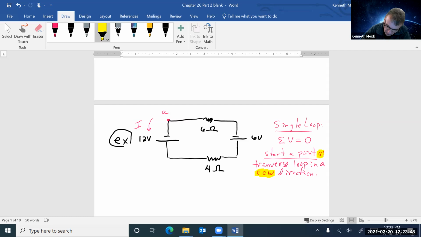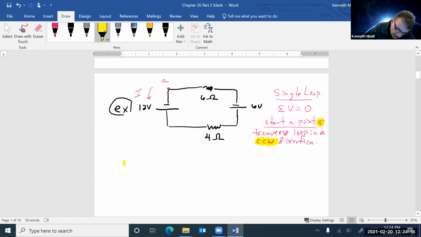Going around the loop in a counterclockwise direction will mean nothing in terms of the overall answer here. As long as you are consistent with what you start with, everybody's going to end up with the right results. It's just like choosing your positive and negative signs in a free body diagram. The final solution will not depend on those at all.